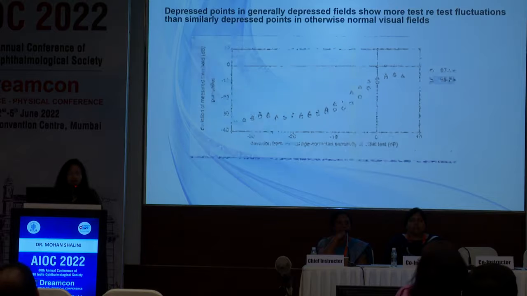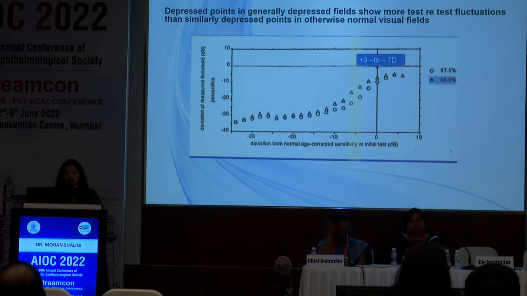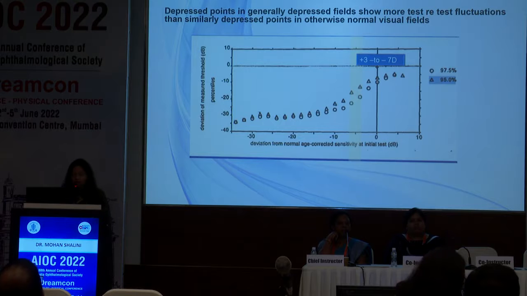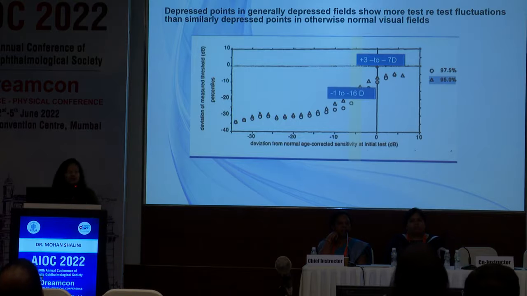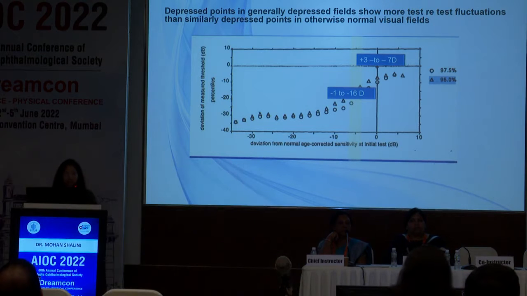It was seen that whenever any depressed points were near fixation, there was more test-retest fluctuation. As we can see in this graph, if the depression is around 0 decibels, the fluctuation was from +3 decibels to -7 decibels. Similarly, if the depression was near -10 decibels, then the retest variability was -1 to -16.